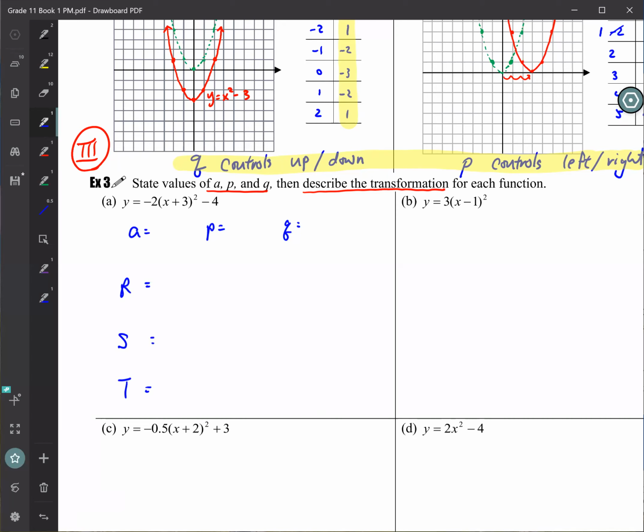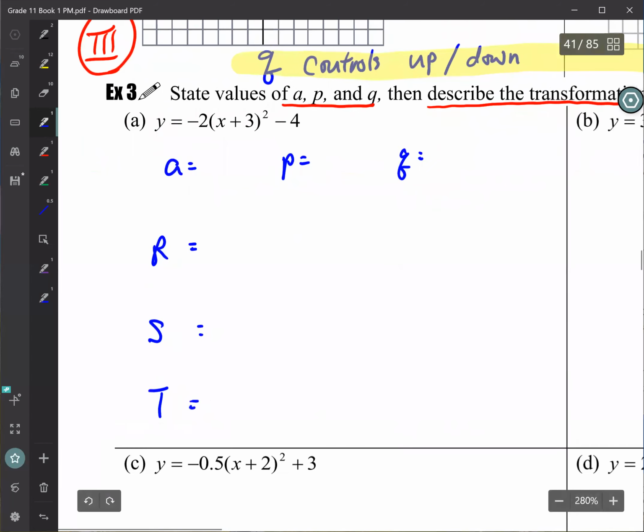So what is the value of APQ, Marcus, for this one? A would be -2. Go on. P would be... I'm not sure. Would it be 1? No. Which number is easy to get?